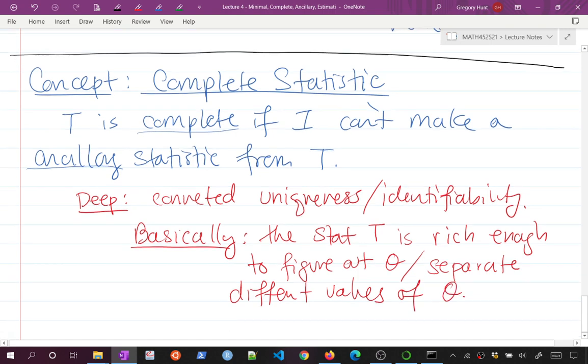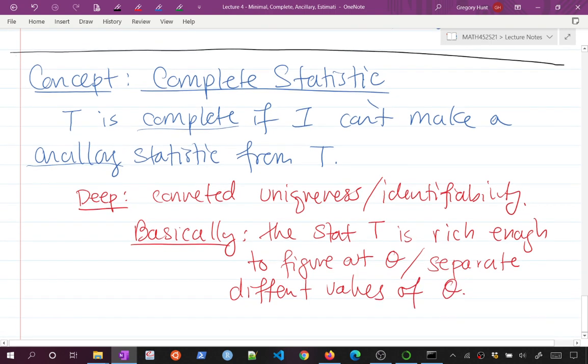So the whole idea in this class is that we have a probabilistic model and we have some unknown theta. And if you were able to generate data where you couldn't decide one way or another if it's more likely that the data comes from one value of theta versus another, that would be a bad situation, because you wouldn't have a good way of saying I should choose this as my estimate of theta versus something else, because you couldn't figure out which is the more likely value of theta.